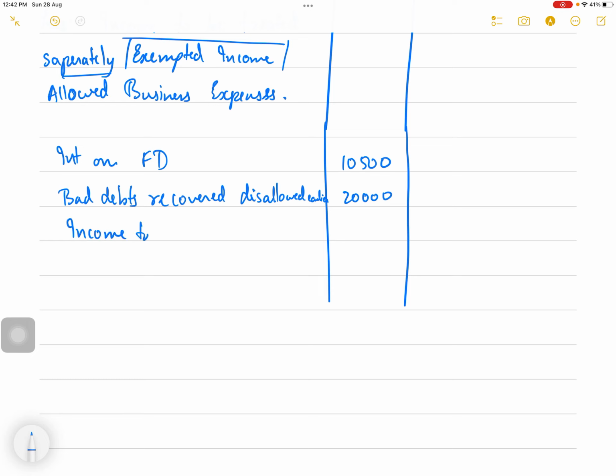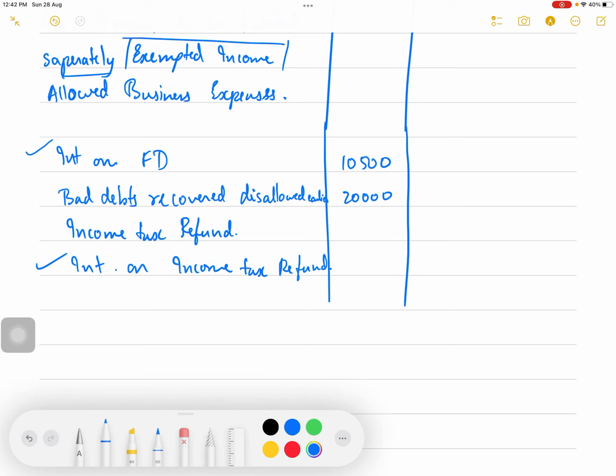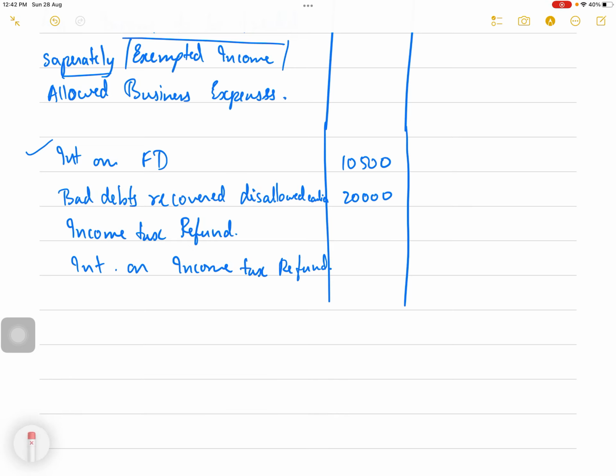So income tax refund, interest on income tax refund. Interest on FD is income from other source, interest on income tax refund is income from other source.